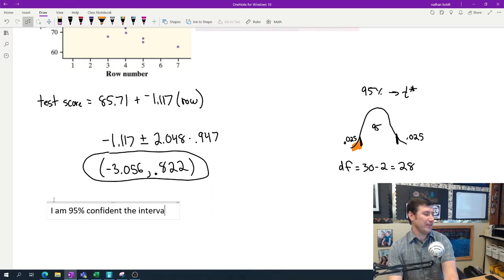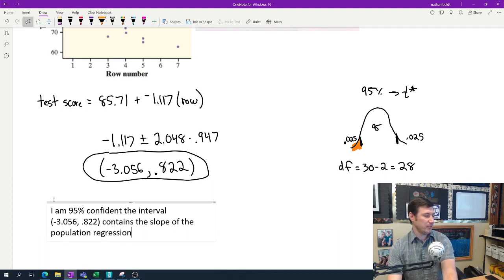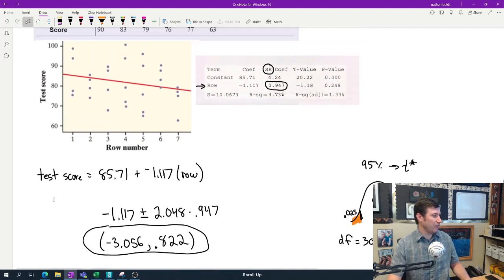The interval, I think we like putting the interval at the beginning. The interval, negative 3.056 to 0.822, contains the slope. Whoa. Slow it down. The slope of the population regression line for, all right, context. What is this regression line for?